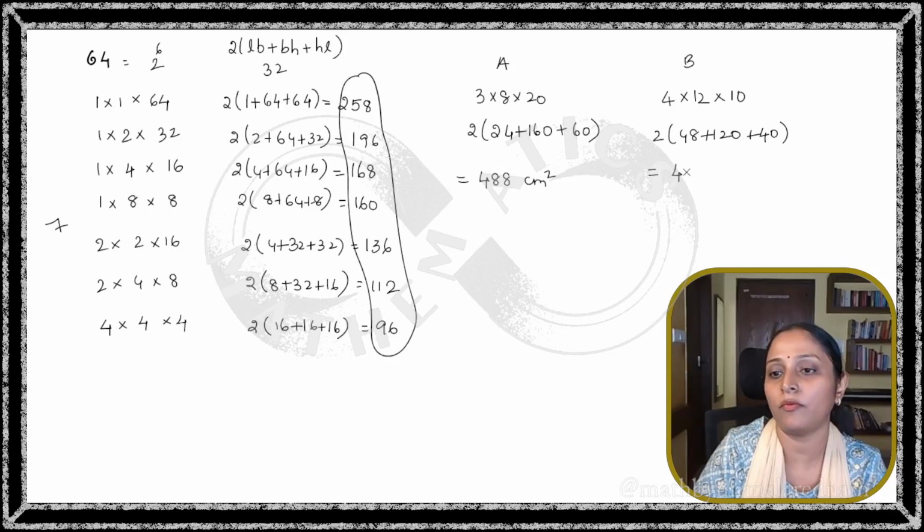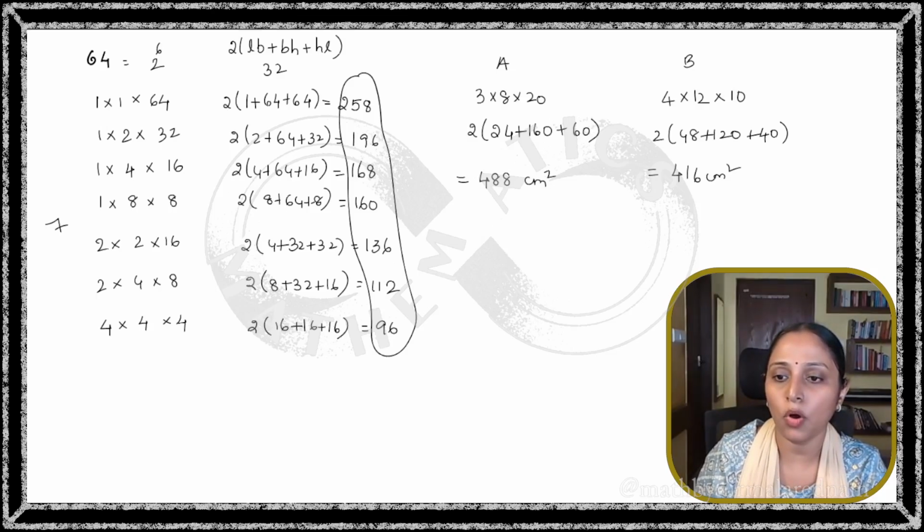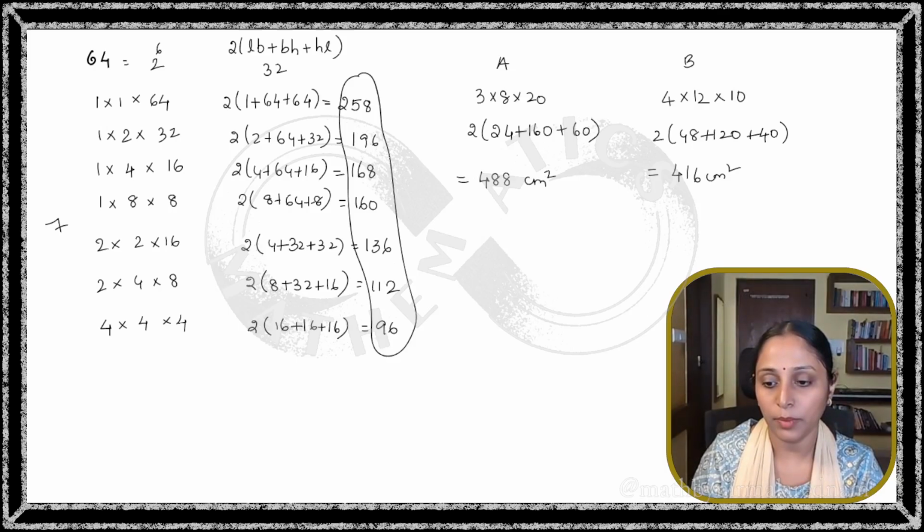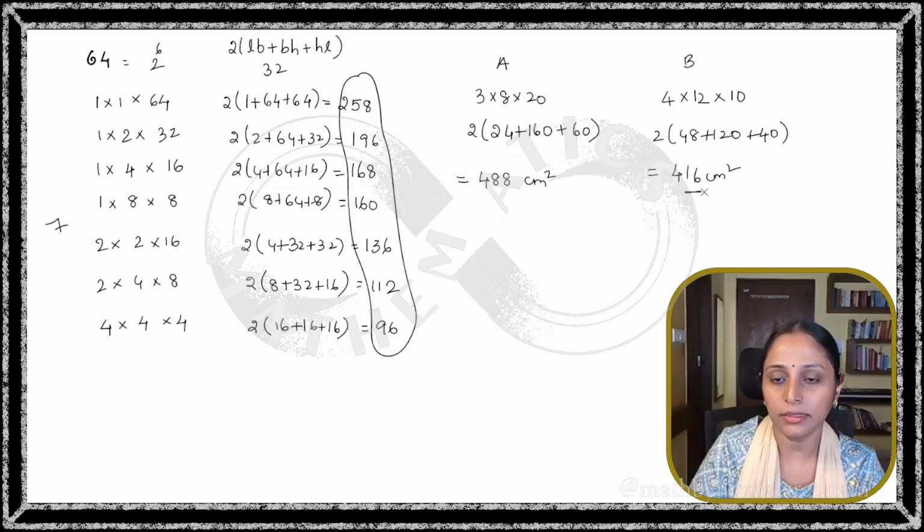So I have 416 square centimeters. That is my surface area. So clearly box B is going to be more economical because it has lesser surface area compared to box A.